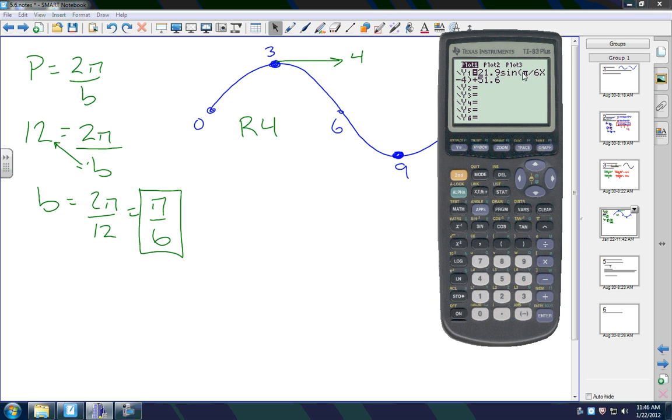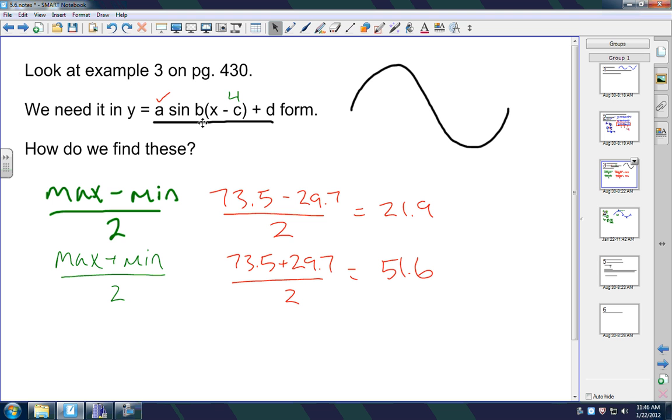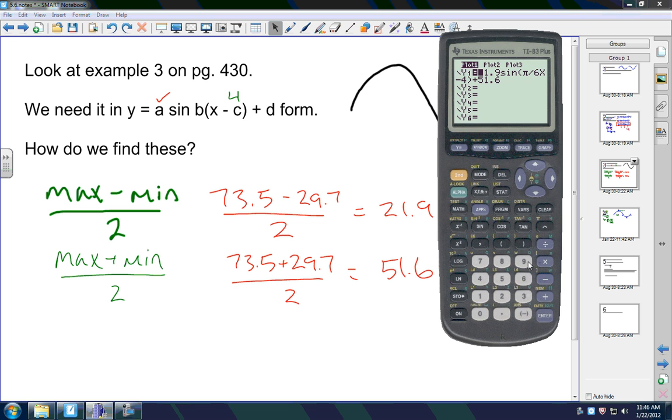If you go back and you look at this though, A looks good, D looks good, I got my B in there. Here's the problem. B, the way we did it, is how it looks all factored out. So it's got your B value factored out right here, parentheses x minus C. So you got to be really careful how you put these in your calculator.